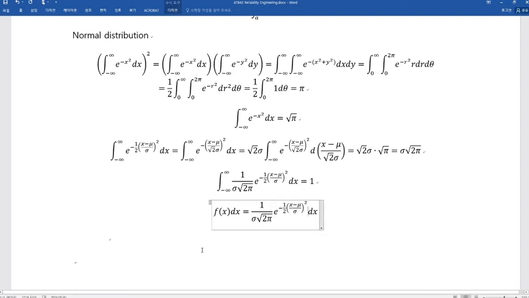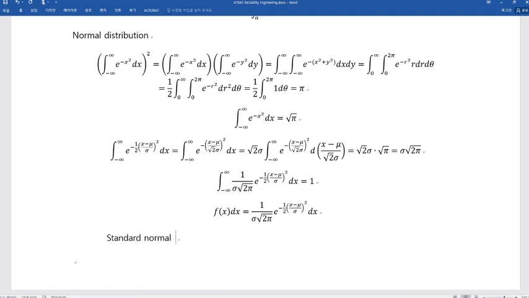deviation of the distribution. So we have a special form of normal distribution, that is the standard normal PDF.